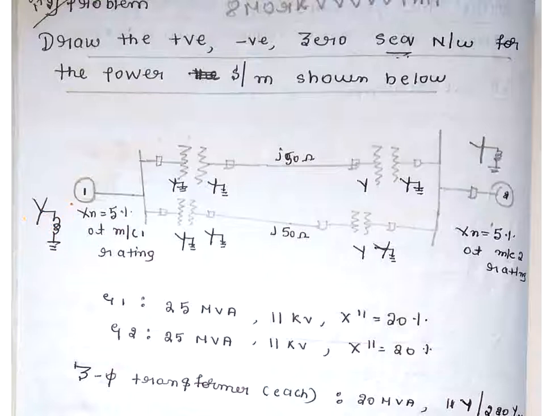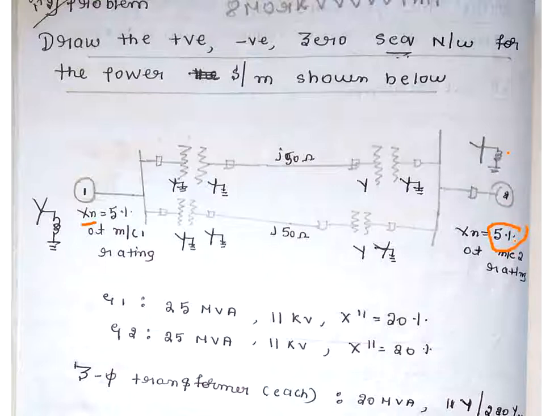It is connected to some reactance, and that reactance value has been given as Xn equals 5%. Here also the same is given in machine 2. It is also not solidly grounded. It is connected to some reactor, and the value has been given as 5%.